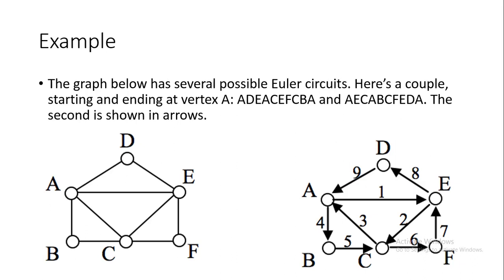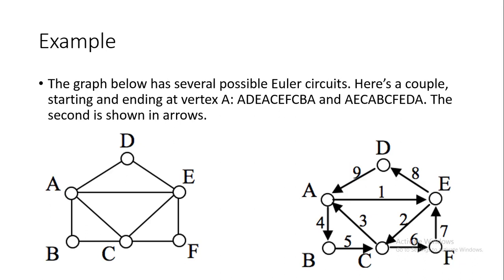Starting and ending at the same vertex, that is A. So this is an Euler circuit because the starting and ending point is the same, and the condition is also satisfied. Every edge is visited. You can see by the numbering of the edges, 9 edges are there and 9 edges are visited.